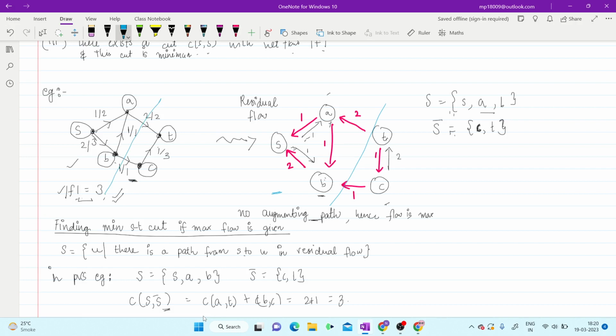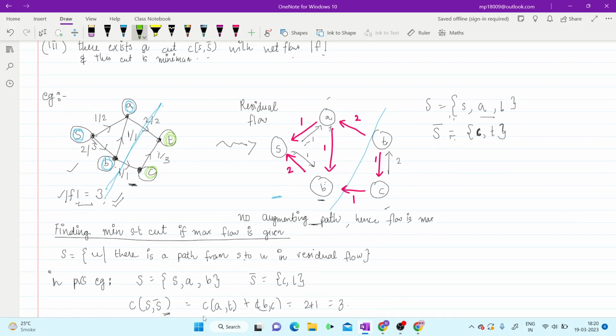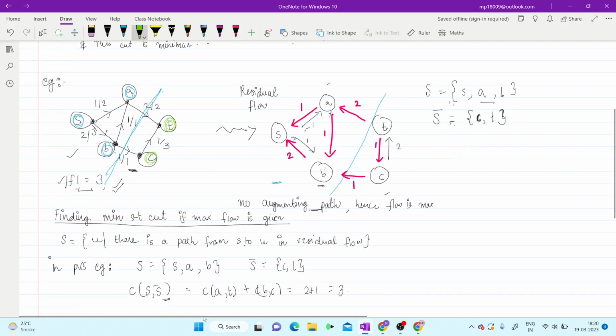So this is the cut: S, B, A in one set, and C, T in the other set. So what all edges are there from S to S bar? A to T and B to C. And the capacity is coming out to be 3, which is equal to the flow value.